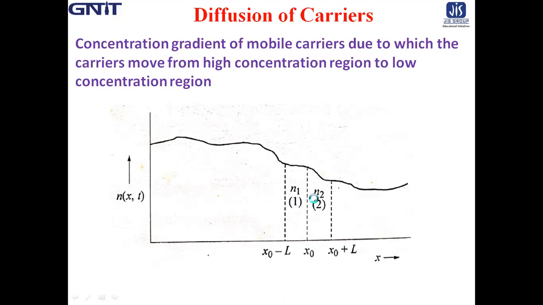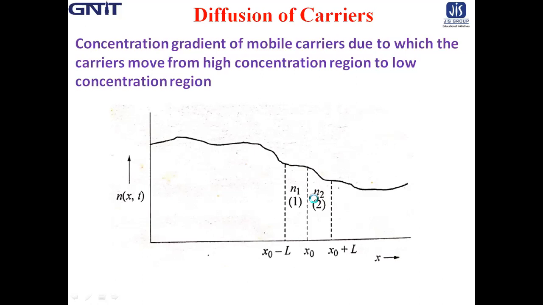Let the electron concentrations in regions 1 and 2 be n1 and n2, where n1 is greater than n2. The electrons move randomly in both regions.